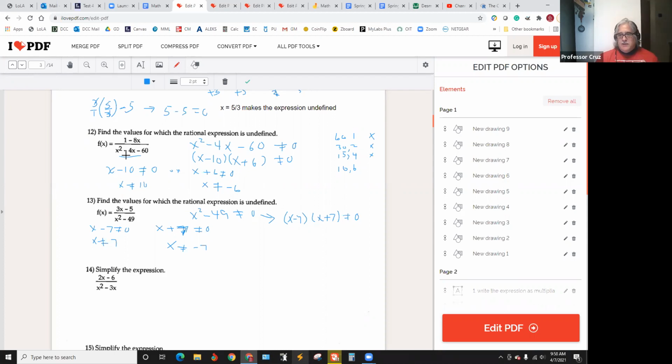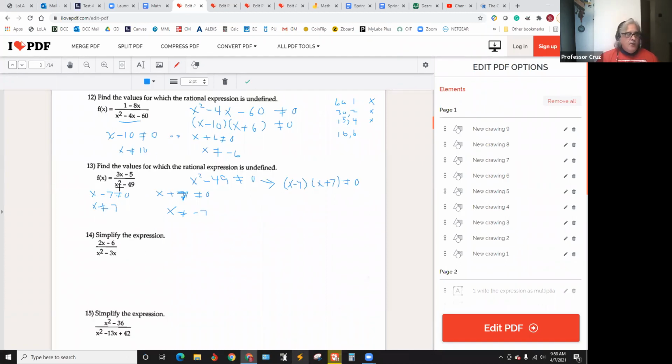This one's going to be 36 plus 24, and that's 60. 60 minus 60. So same thing here. If you take 7 and square it, you get 49. And just the nature of squaring, it's negative 7 times negative 7, which is 49. So both of those.